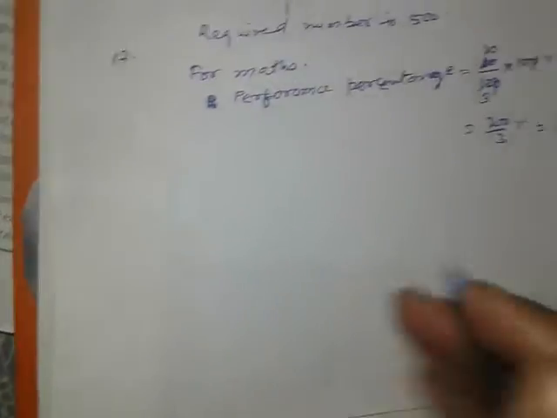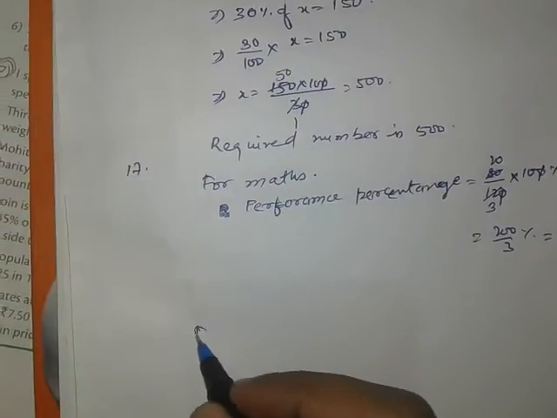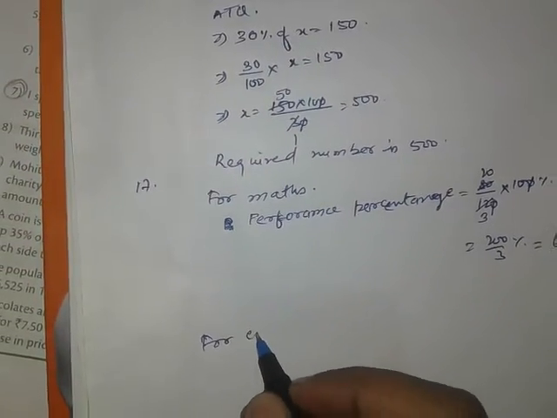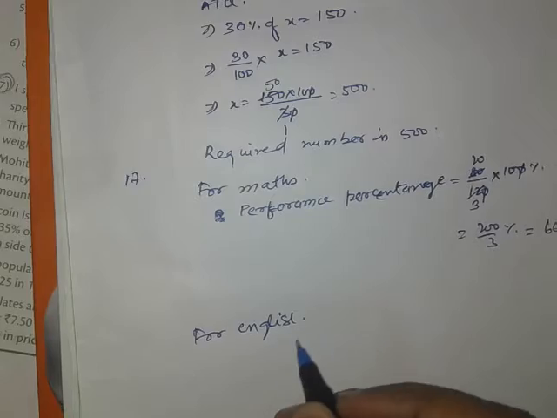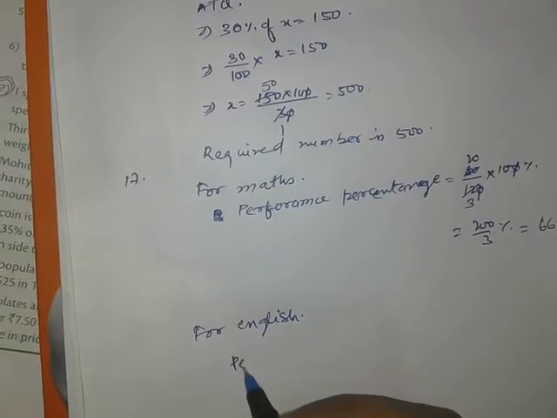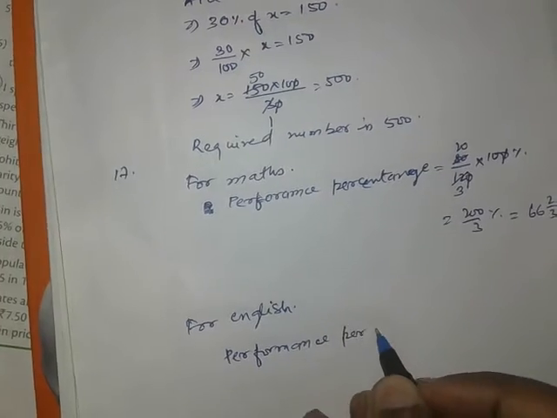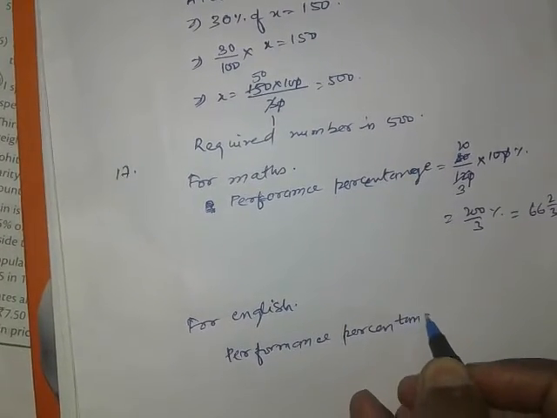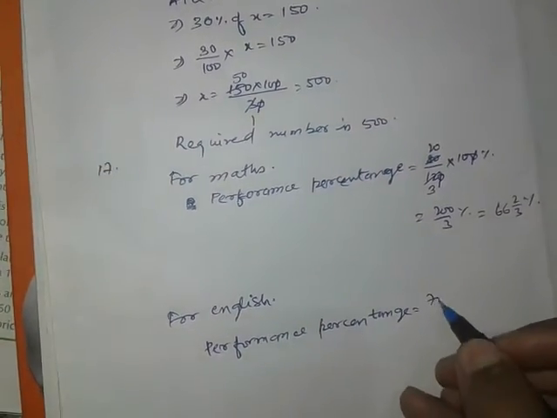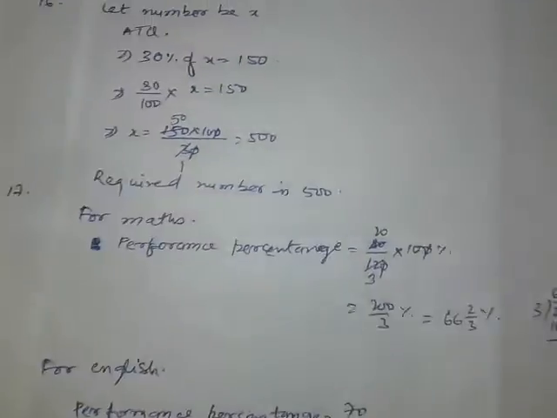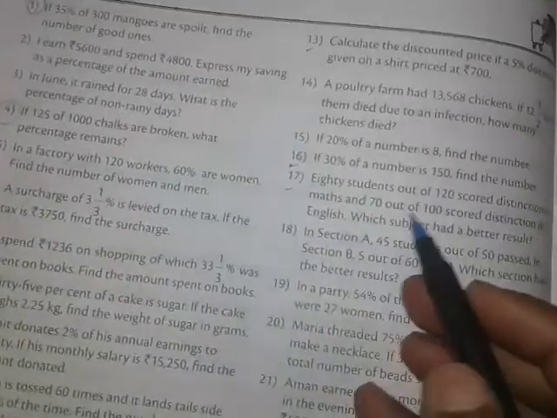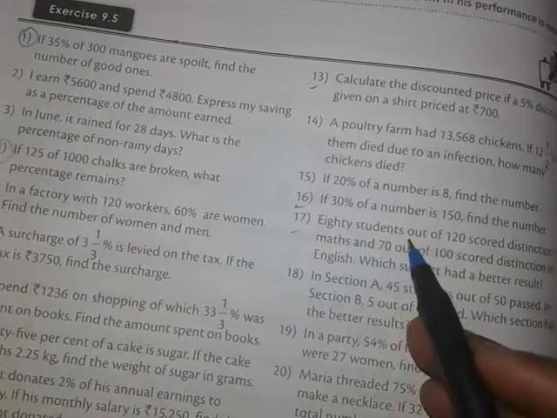Okay, now for English, performance percentage: 70 out of 100 is written. You can see here it is 70 out of 100, just like 80 out of 120 for maths.